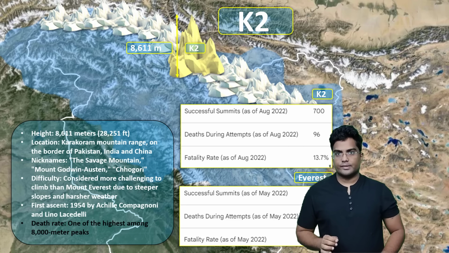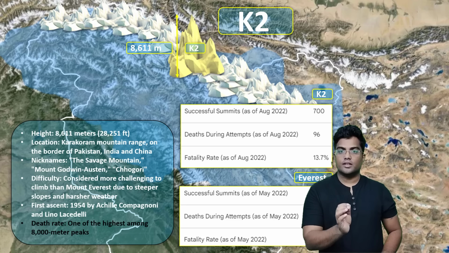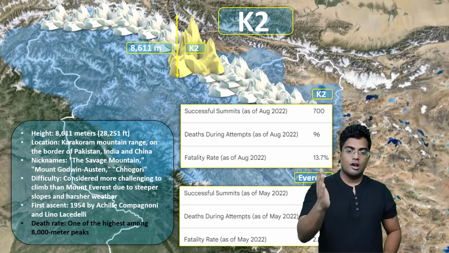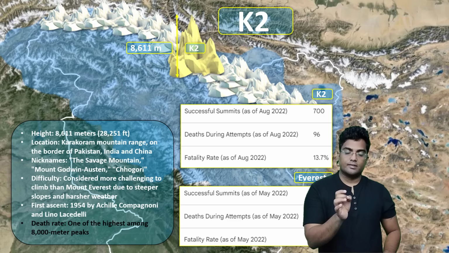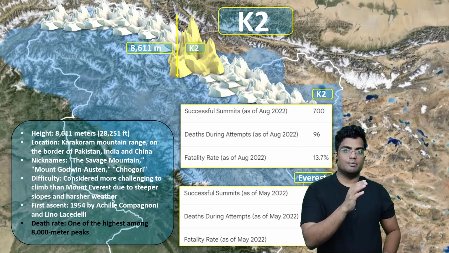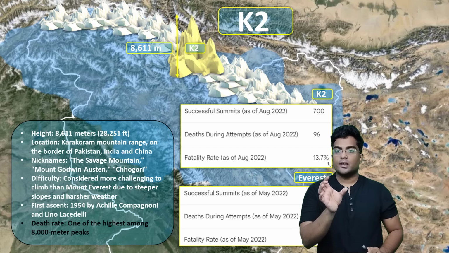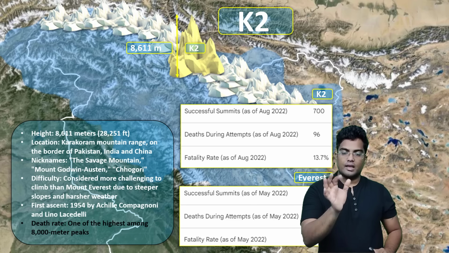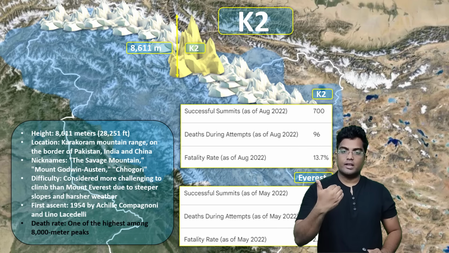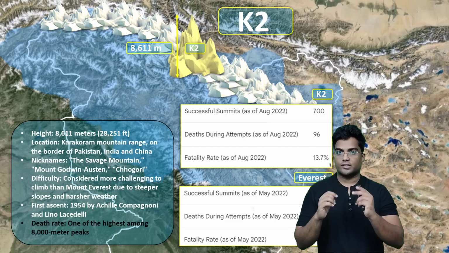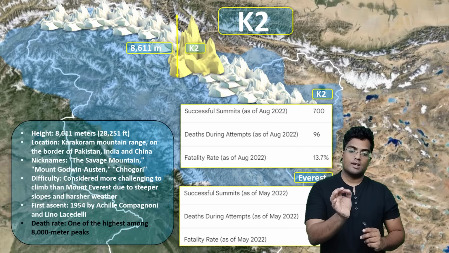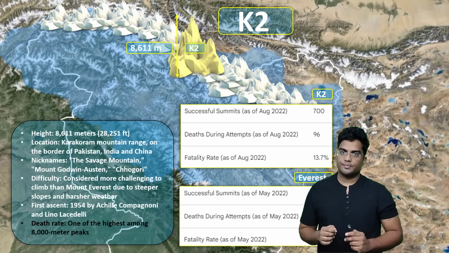In the case of Everest, 11,341 people tried to scale Mount Everest. However, only around 330 people died. If you take the percentage, the fatality rate is 13.7% in K2. However, Everest, despite being the tallest mountain in the entire world, has a death rate of only around 3%.